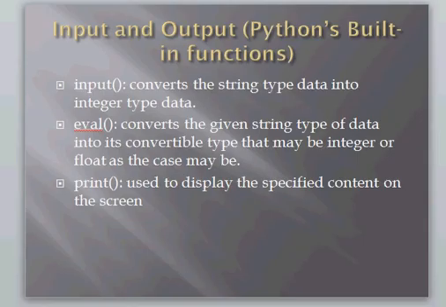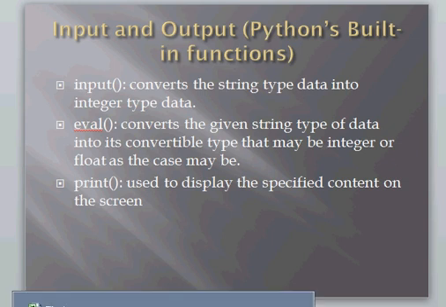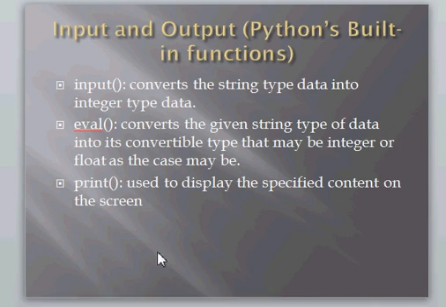Otherwise, if you have given a value that can be converted into float, eval will convert it into float, but not a string type value. So next function is the print function. Here the print function is an output function which is used to display text or a specific message on the screen.